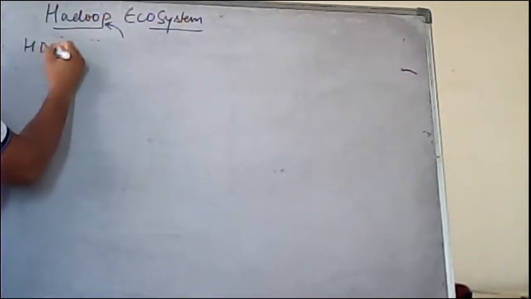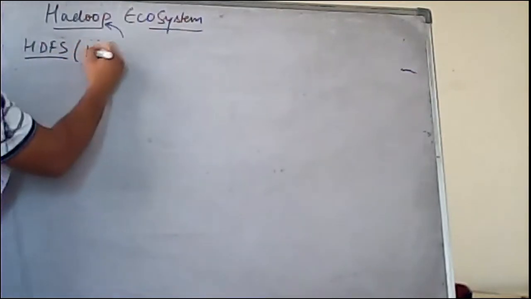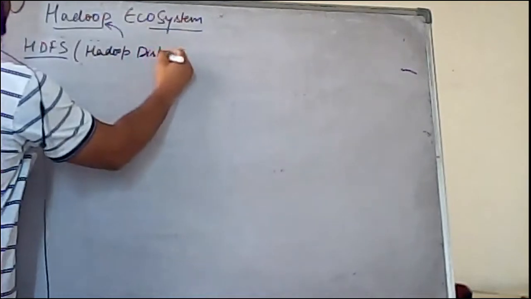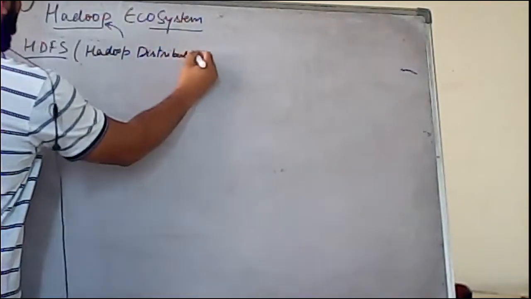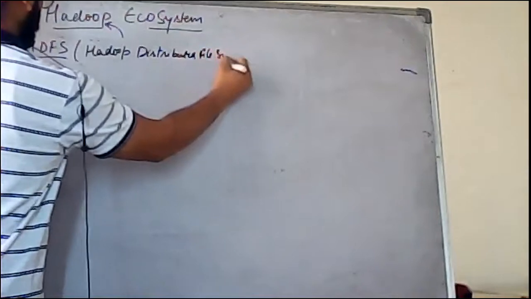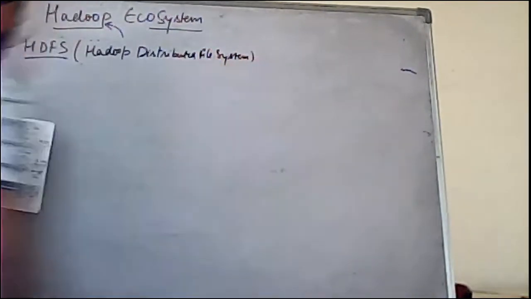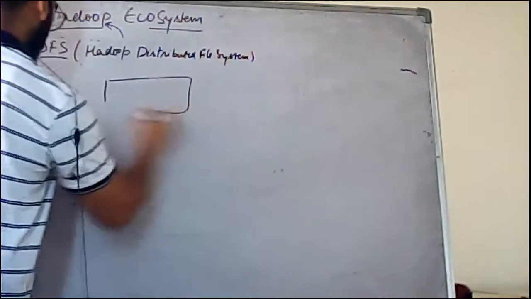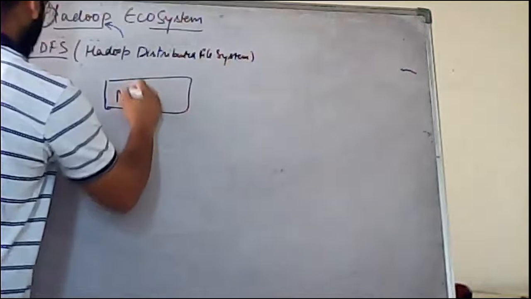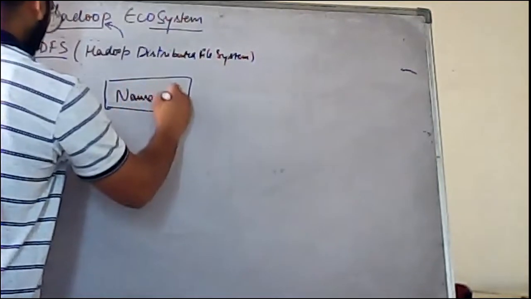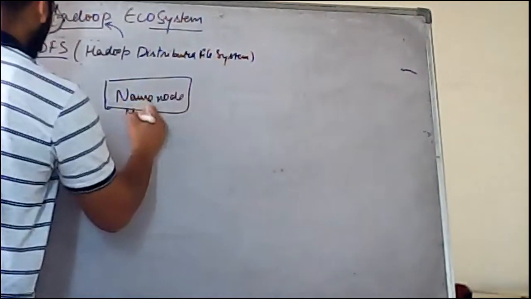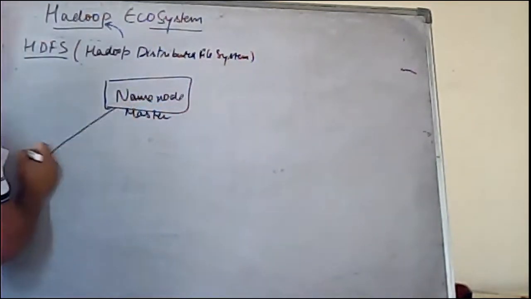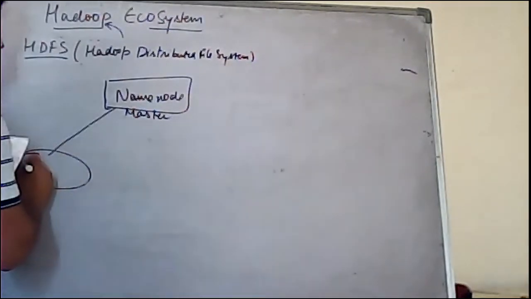Now I am talking about HDFS, that is Hadoop Distributed File System. In this, there is a master node, which is your name node, and there are further data nodes.